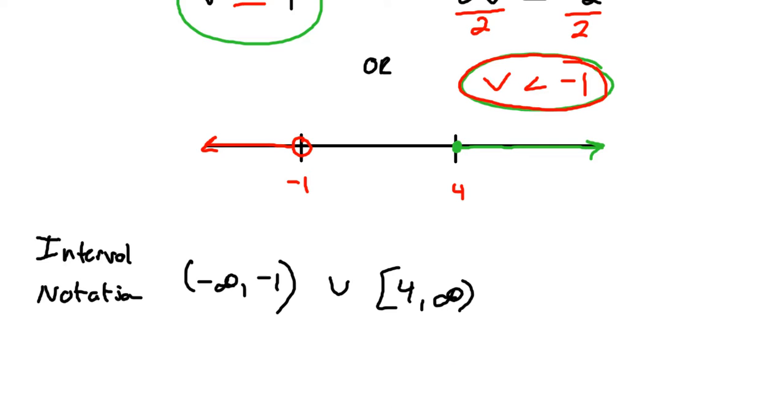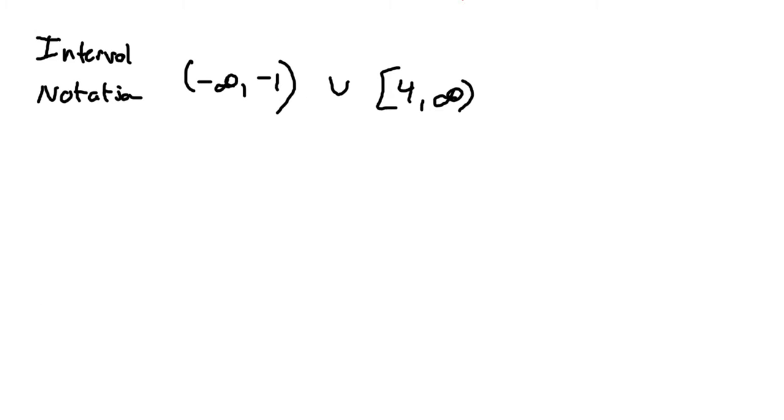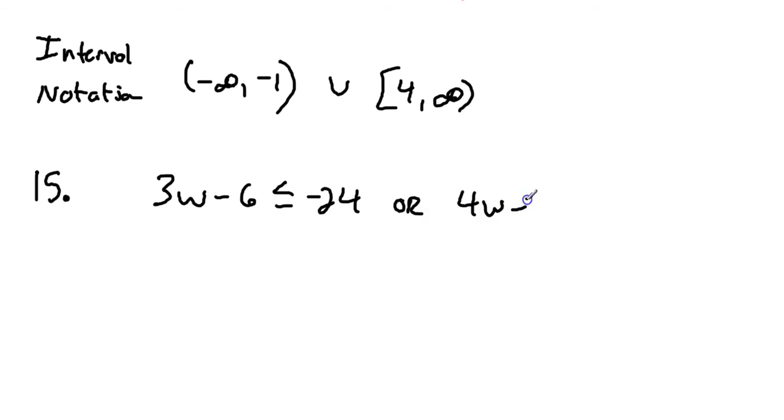Okay, one more, and this one will be a little bit of a trick question. Let's go with 3w minus 6 less than or equal to negative 24.